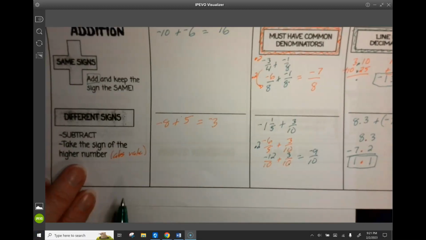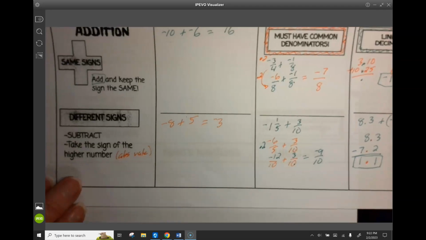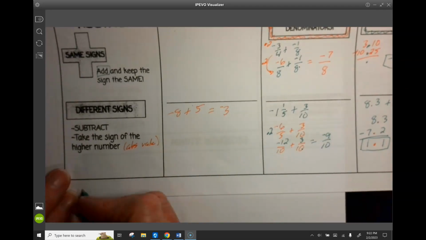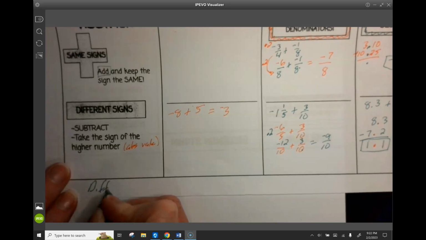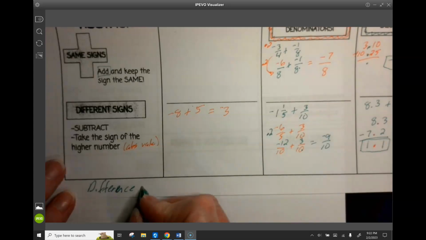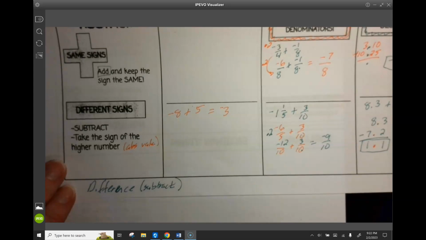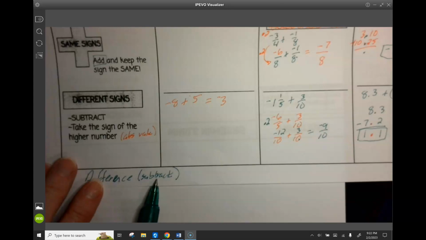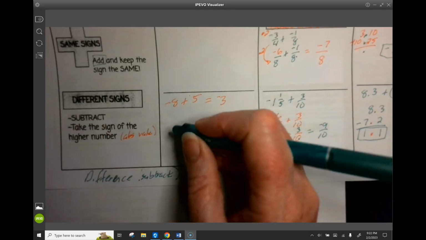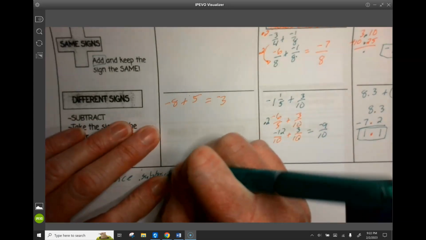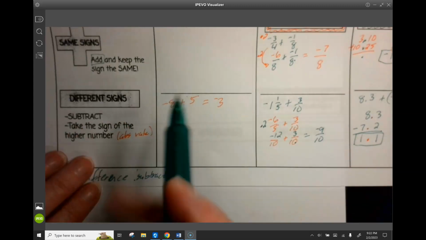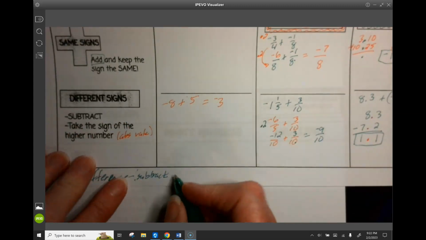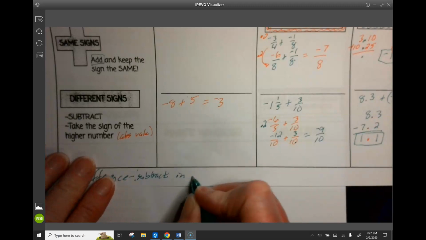Now, before we leave adding and subtracting and go to multiplying and dividing, one of the things that we talked about in here was difference. Okay? To find the difference of something, we're going to subtract. Now we found out, and maybe the hard way, on that quiz, that if I want to find the difference, I'm going to subtract, and I want to do it in the order given.